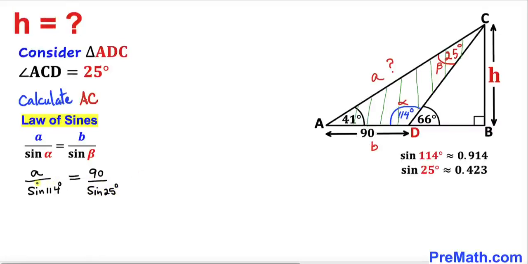Now we know that sine of 114 degrees is approximately 0.914 and sine of 25 degrees is approximately 0.423. So therefore I can write a divided by 0.914 equal to 90 divided by 0.423.